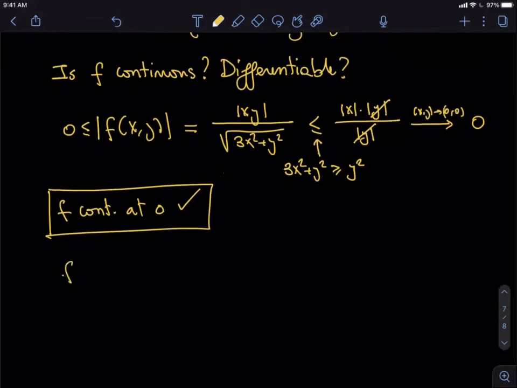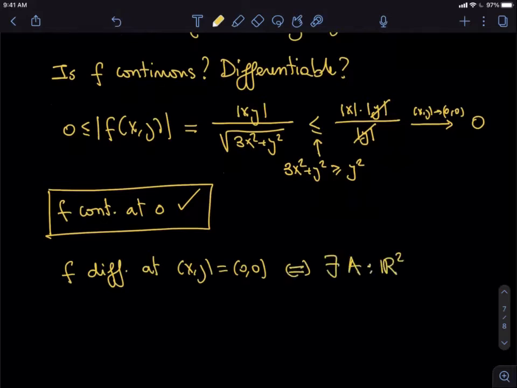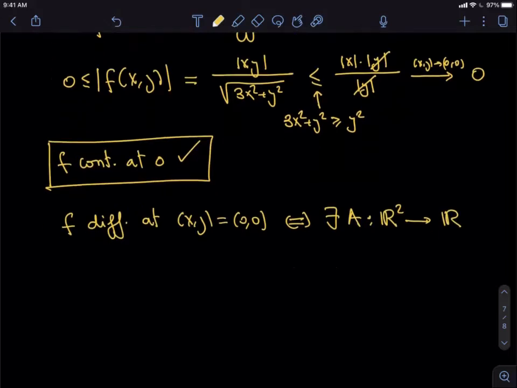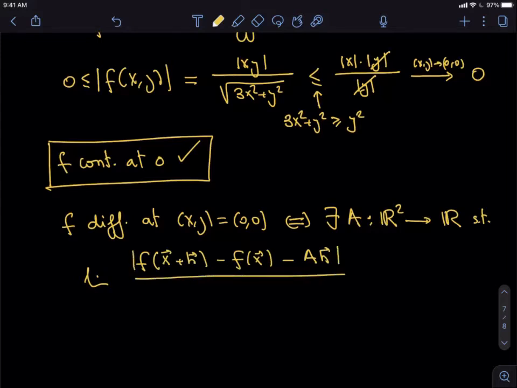The definition says f is differentiable at (x, y) equal to (0, 0) if and only if there exists a matrix A, in this case a linear map from R2 to R, such that the limit of the modulus of f(x plus h) minus f(x) minus A h, divided by the modulus of h, is 0 as h tends to 0. This is what the definition says.